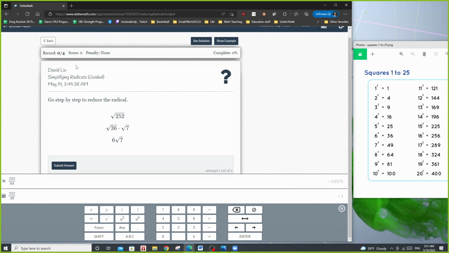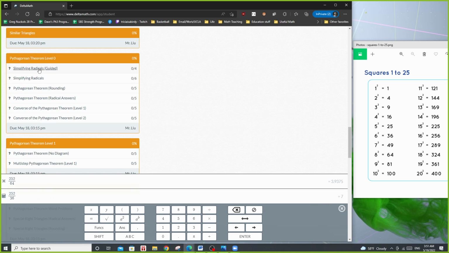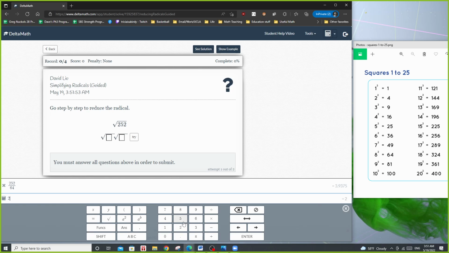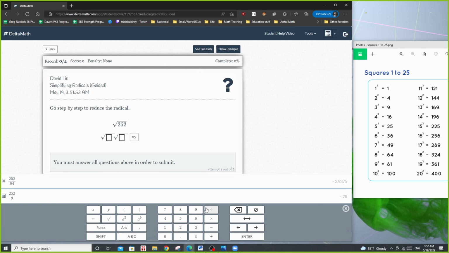Now, before we move on, I chose the largest number possible, okay? Let's see what happens if I didn't choose the largest number possible. For example, I could have divided it by 9, 252 divided by 9 would have given me 28, okay?